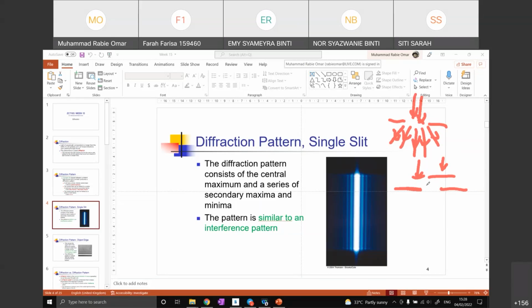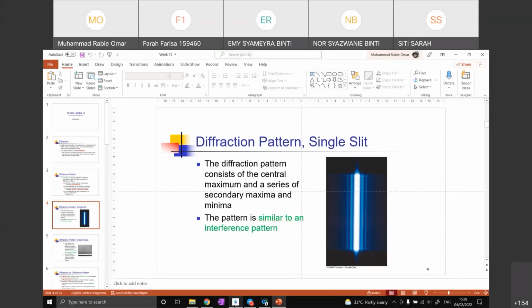And then once the wavefront passes through the slit here, you will discover that the wavefront will be expanding like this. So hopefully you guys are able to imagine this, yeah? Maybe you can search on YouTube, you can see this particular phenomenon in YouTube videos.